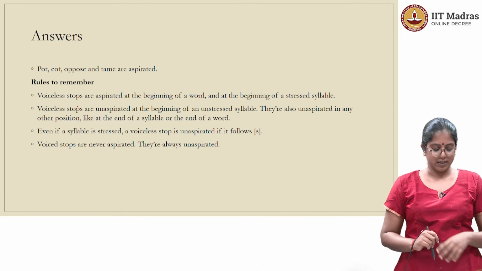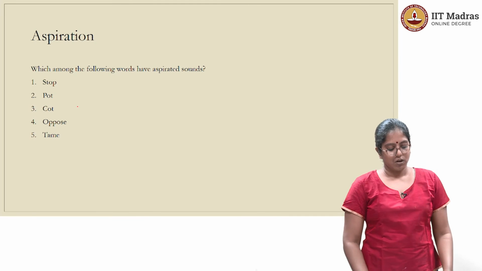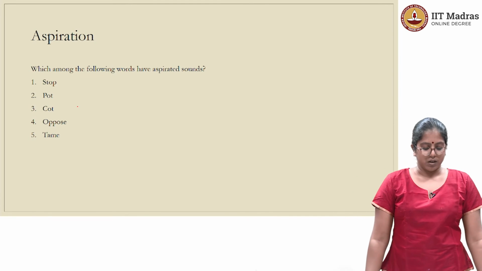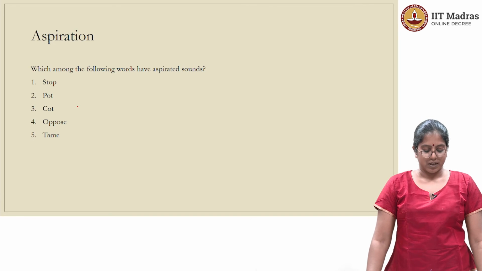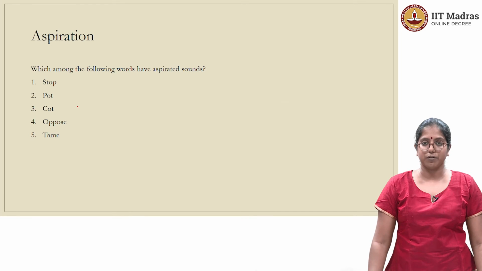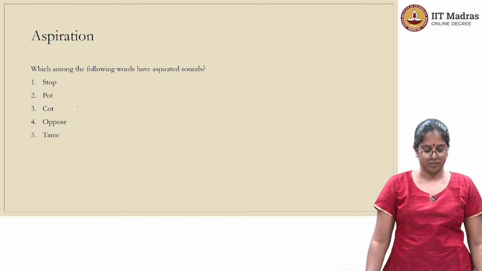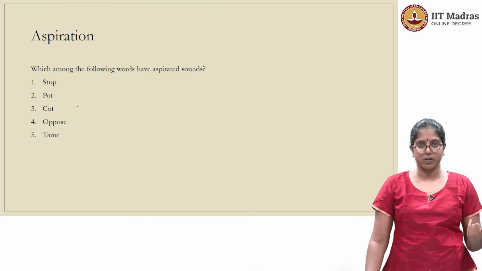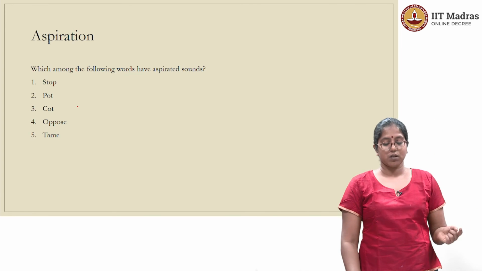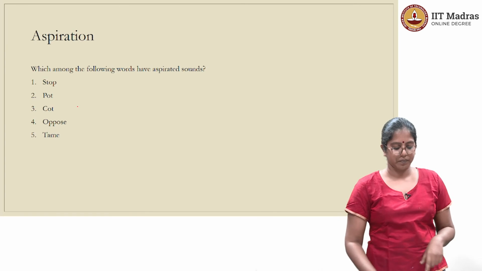So in that case, let's go back to the question. What are the words that start with a voiceless stop at the beginning of a word or at the beginning of a stressed syllable? The first word, no, it's not a voiceless stop. The second is pot. Yes, pa is a voiceless stop.